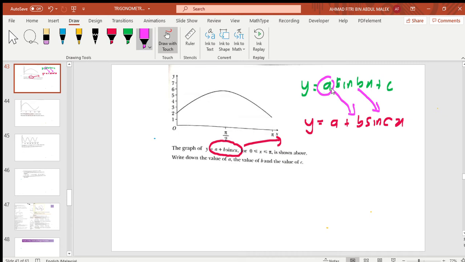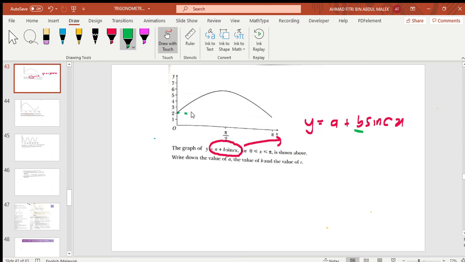Unknown lah. Okay, jangan rigid to the same unknown. So understand, when I say amplitude, you jangan kata A lah. Look at here, the amplitude is B now. Okay, so understand back what is the meaning of amplitude. Amplitude is the distance from the maximum point and the starting point here.